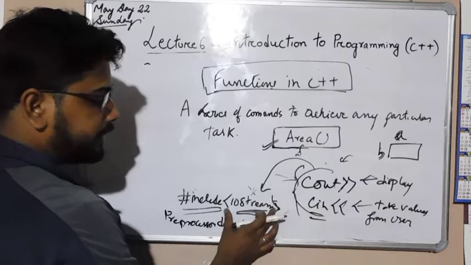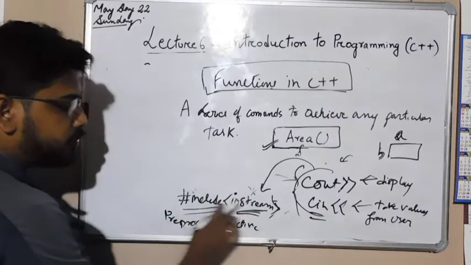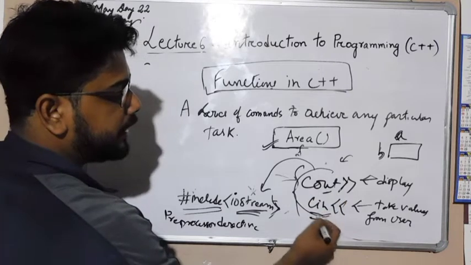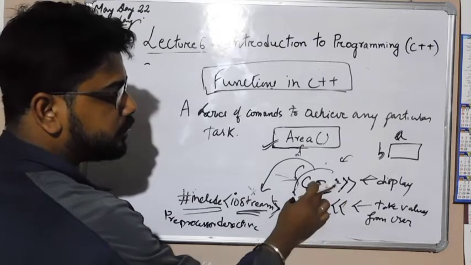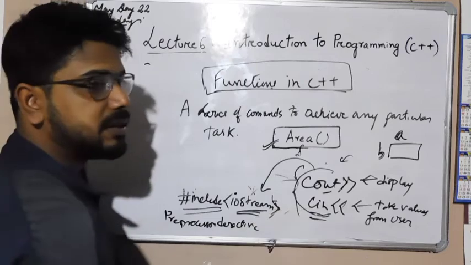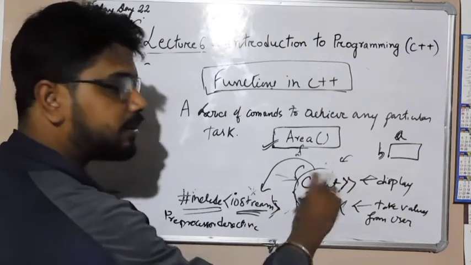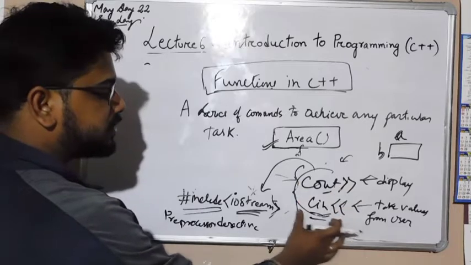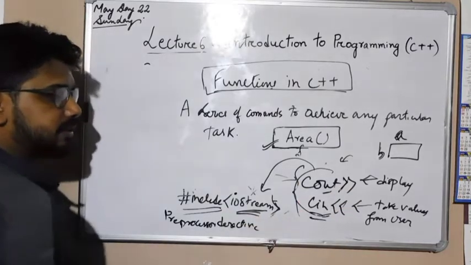That means the inclusion of this iostream in your program helps you to use these two, cout and cin statements. You don't need to write a separate code for them again, because the functionality of these two statements is already defined inside this.